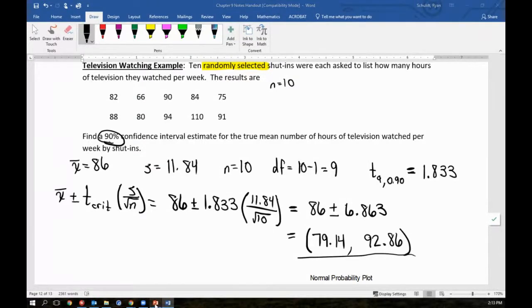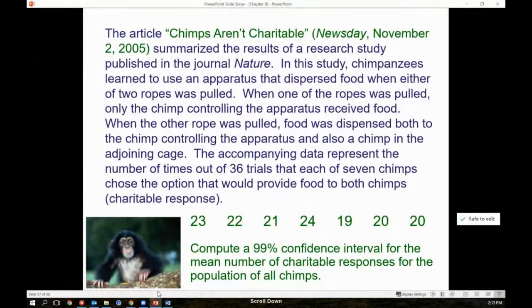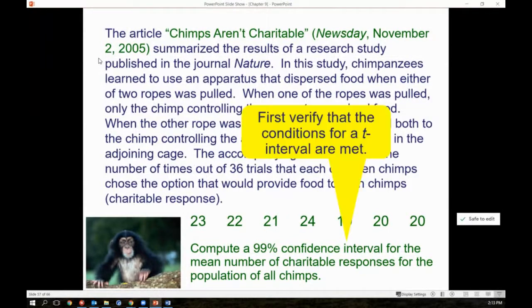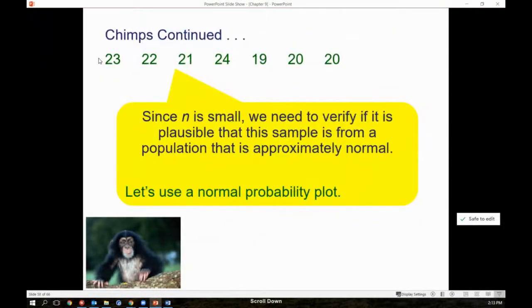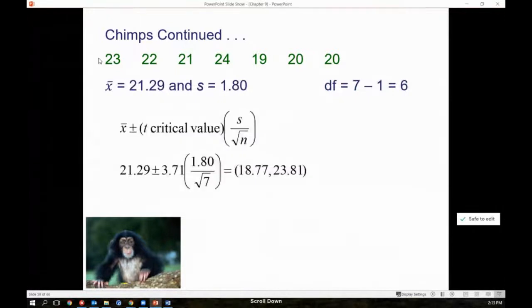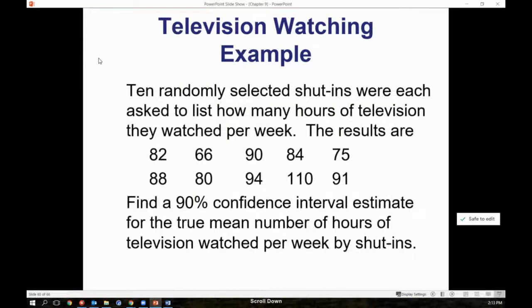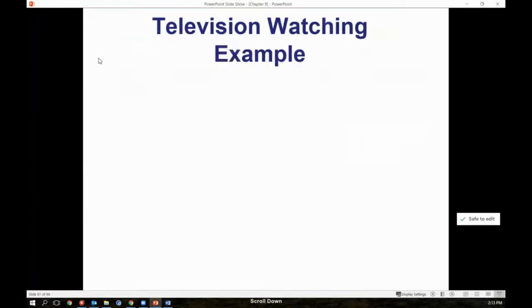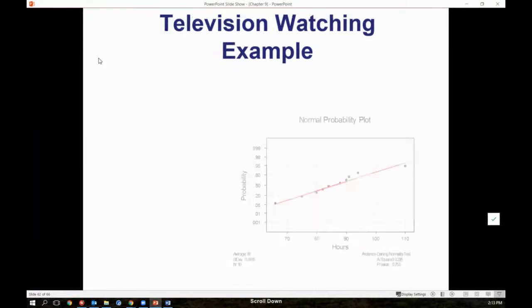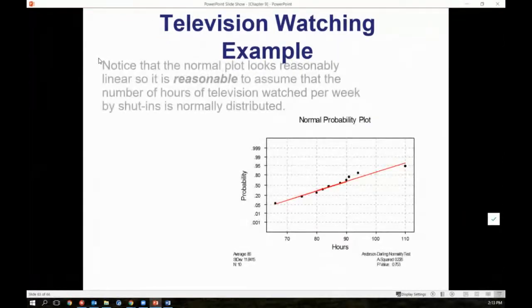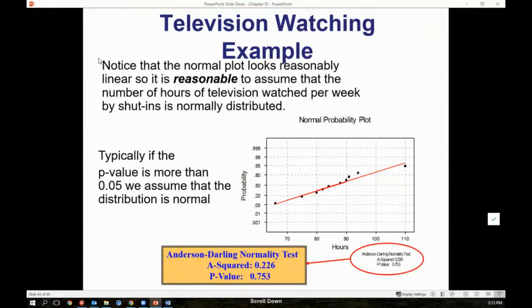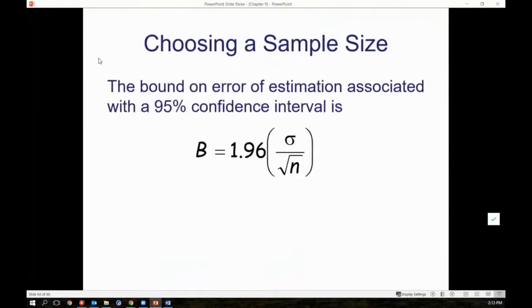Okay. Let me make sure I didn't skip anything. Okay, so for this one, I'm going to go back to the notes because this gives it to a specific case, which you can write down.